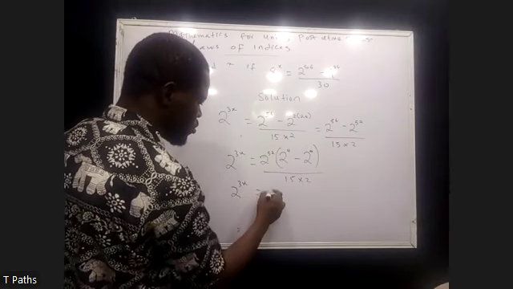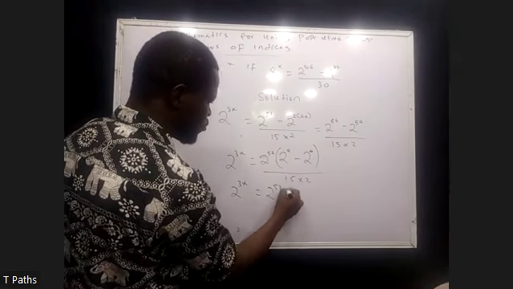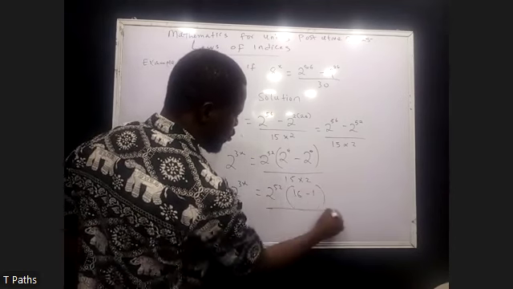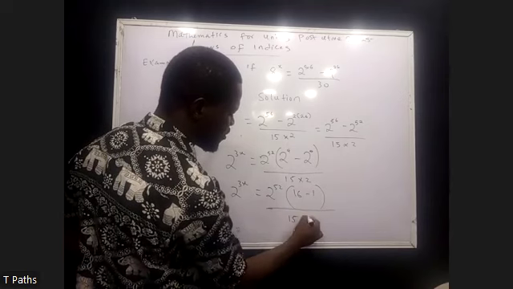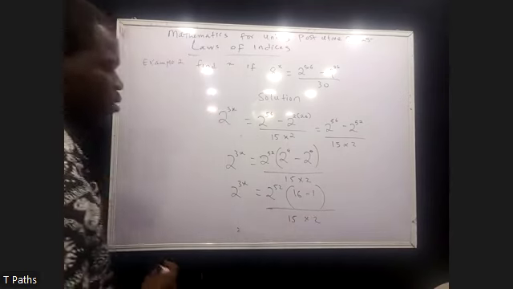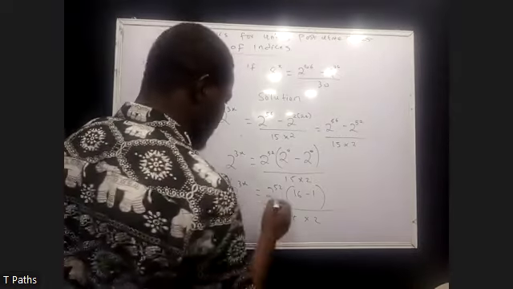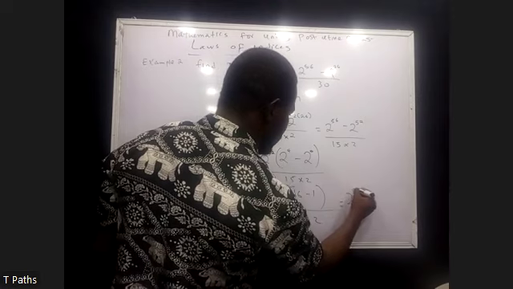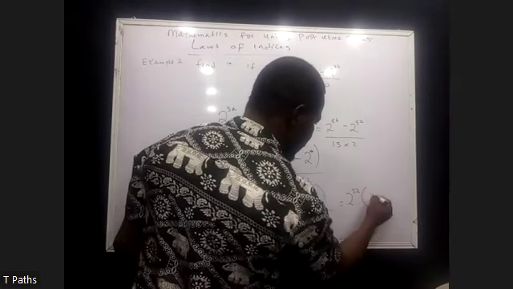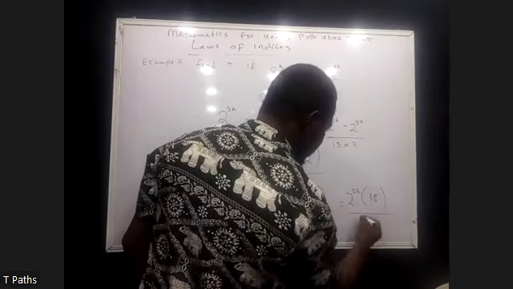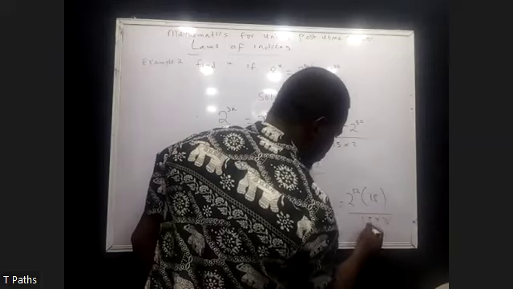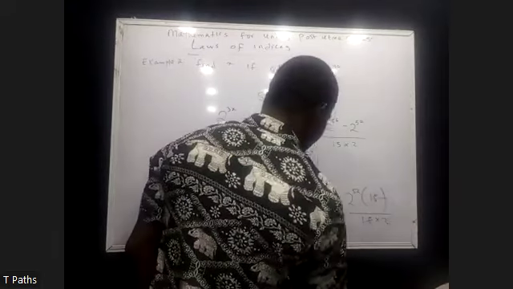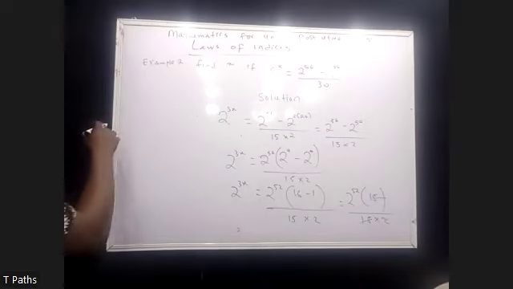The next step is going to 2 raised to power 52, and this is like 16 minus 1 over 15 times 2. So 2 raised to power 52 equals 15 over 15 times 2. So 2 can cancel 2 here, then this one should be 51. So I want to continue this side.